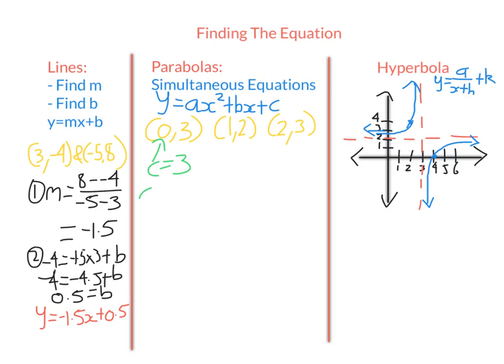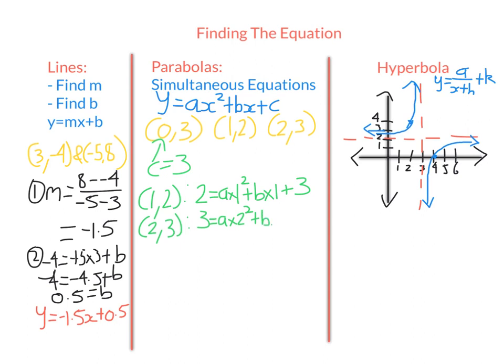So if I substitute in the point 1, 2, so y equals 2, 2 equals a times x squared plus bx plus c. If I substitute in 2, 3, I've now got y equals 3, so y equals ax squared plus bx plus c.